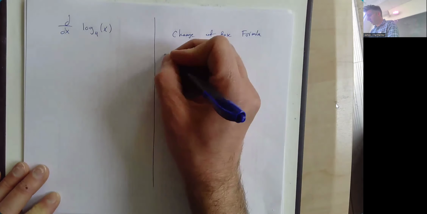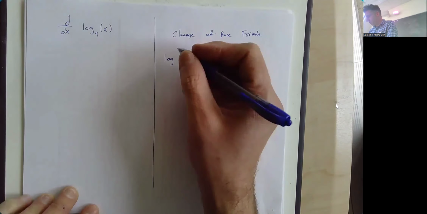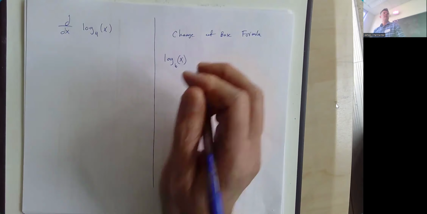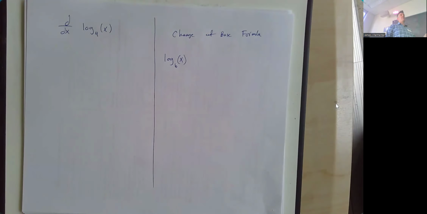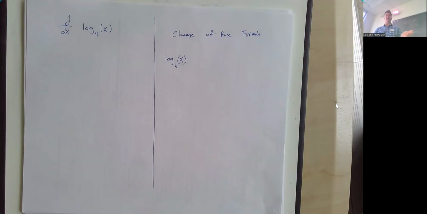So if you want to find the log base b of x, like if I wanted to find the log base 3 of 17, most calculators have a natural log button and a log base 10 button and no other bases. So how do you deal with something like log base 3 of 17 if you don't have a log base 3 button? You use the change of base formula.